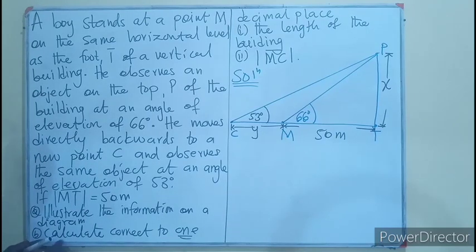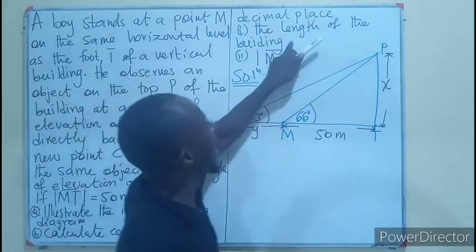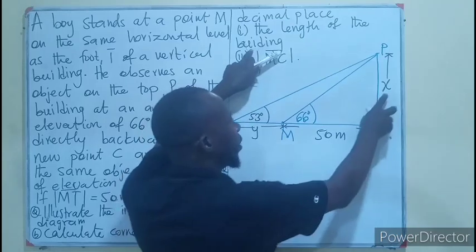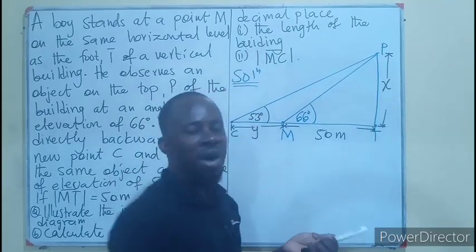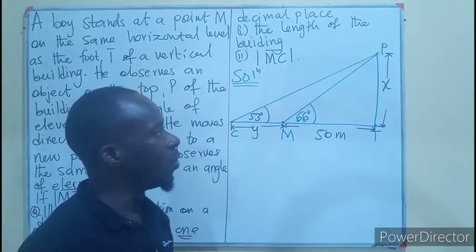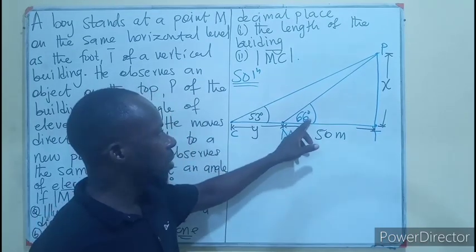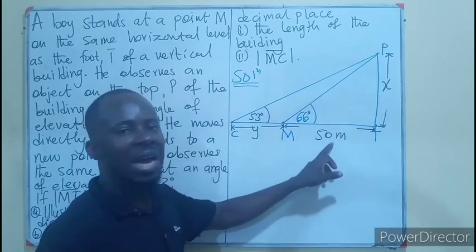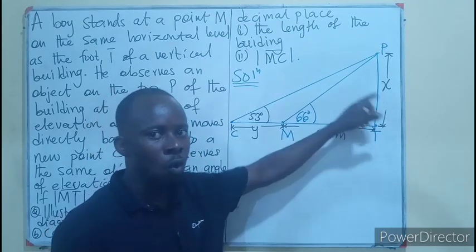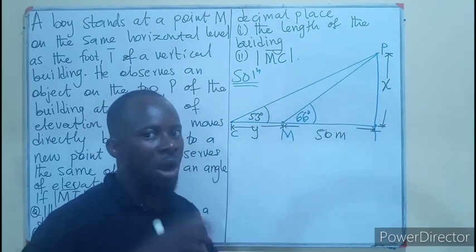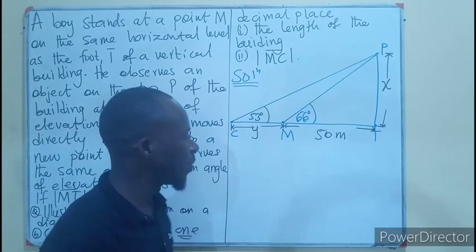The second part: we are asked to calculate the length of the building, meaning we are looking for the value of x. That is going to be opposite over adjacent. So I know SOH CAH TOA, meaning I'll be using tan.